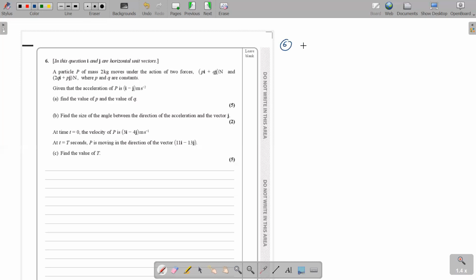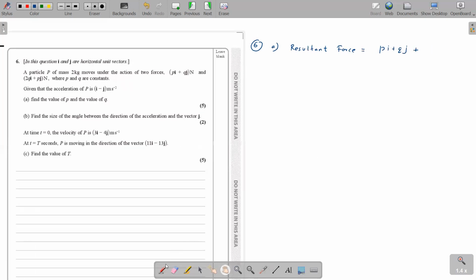Okay, question number 6 part A. So let's get the resultant force. The resultant force is equal to Pi + Qj added to 2Qi + Pj. I prefer to have my i and j separated.